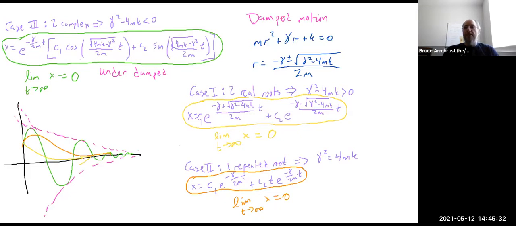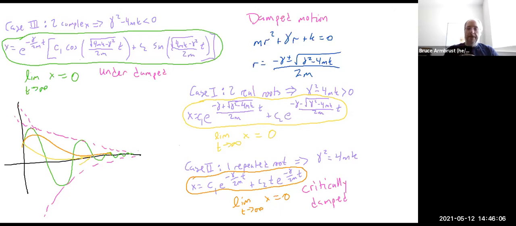And you can see why it's called underdamped, because there is some dampening going on, but not a lot. The case 2, the orange one, we call this critically damped. And again, I think you can probably see why we call that critically damped.